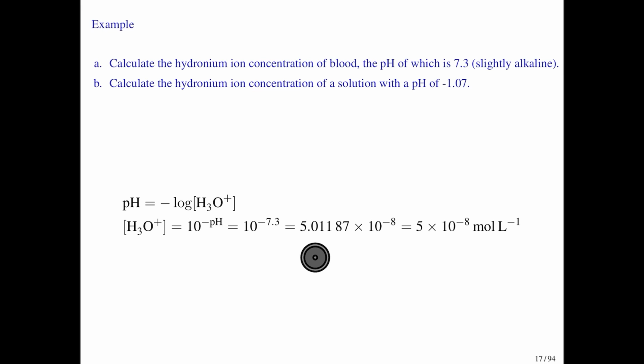And so remember, the rule is the number of sig figs in the concentration must equal the number of decimal places in the pH value. So since we have 1 decimal place that's significant in the pH, we should have only 1 significant figure in the concentration. And so that's why I rounded it down to 5 times 10 to the minus 8 moles per liter.